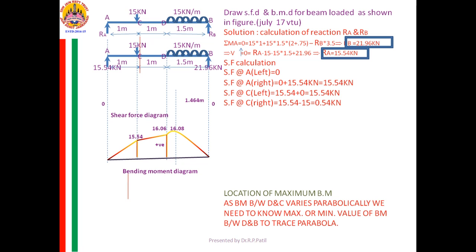Sometimes what happens, say for example, I want SF at left of A. On the left of A, no load, SF is 0. But if you see on the right side, so many forces are there and I am saying it is 0. How is it possible?